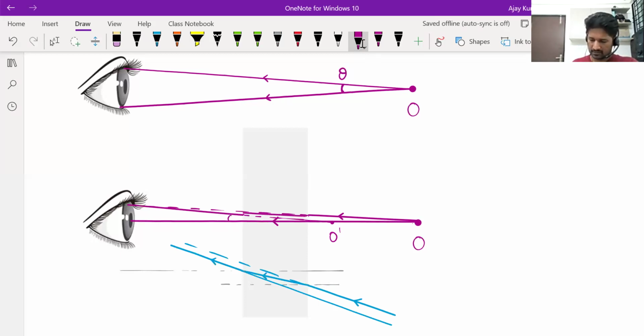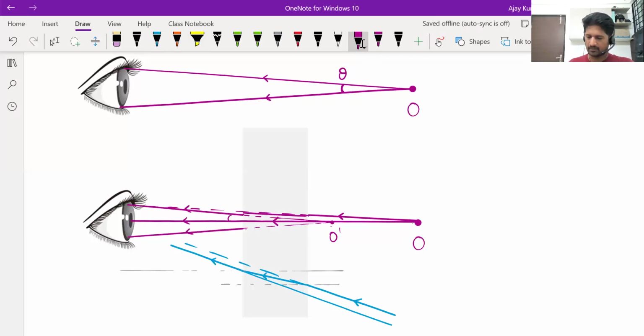You can imagine some other rays also. They will enter the person's eye as if they are coming from that position, O dash, because of the bending that happens at the air glass interface.